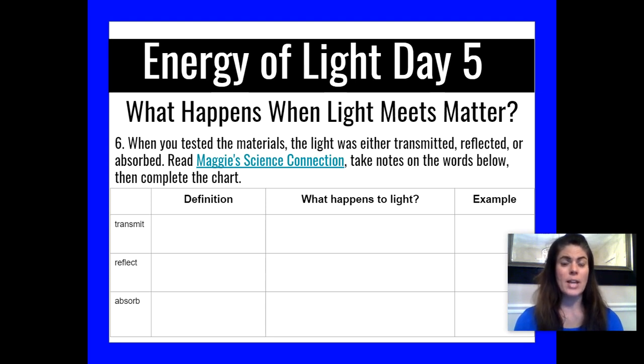The next step is to write what happens to light when it is transmitted, when it is reflected, and when it is absorbed. And the last column asks you to list an example. Here, you're going to write an object that transmitted the light. In the next box, an object that reflected the light. And in the third example box, an object that absorbed the light.